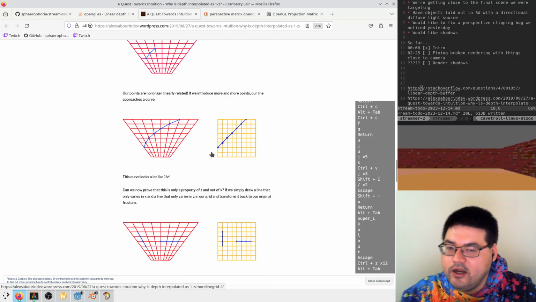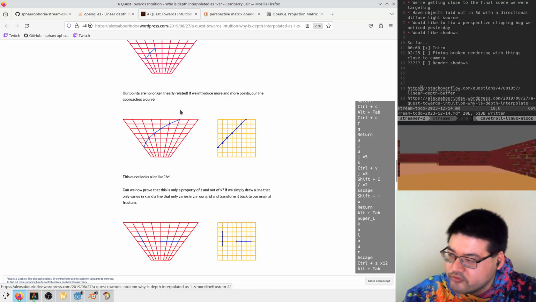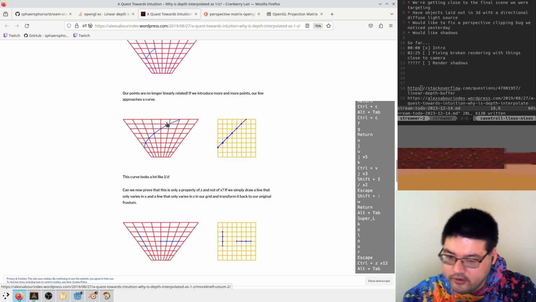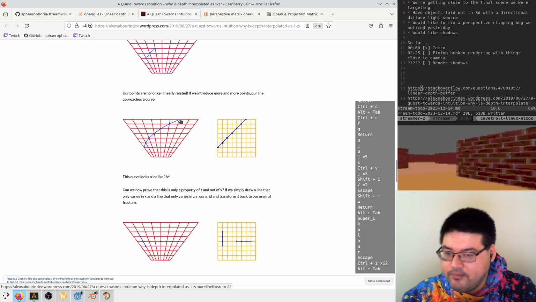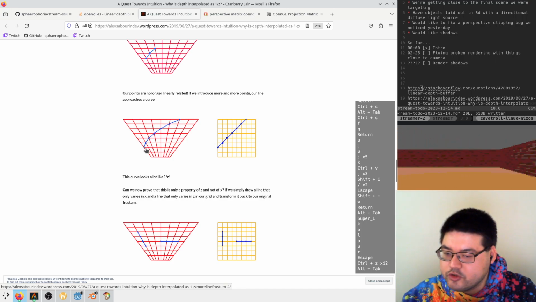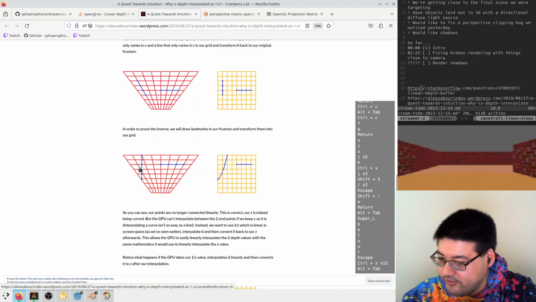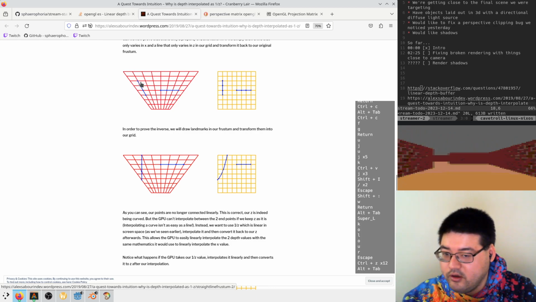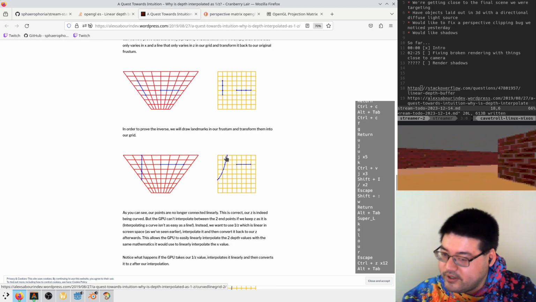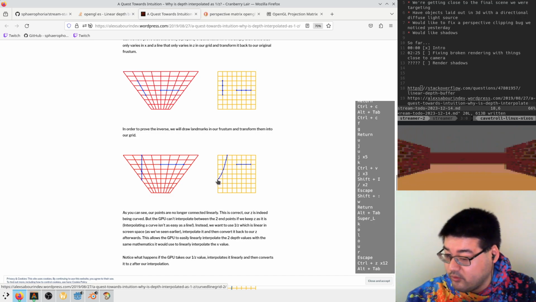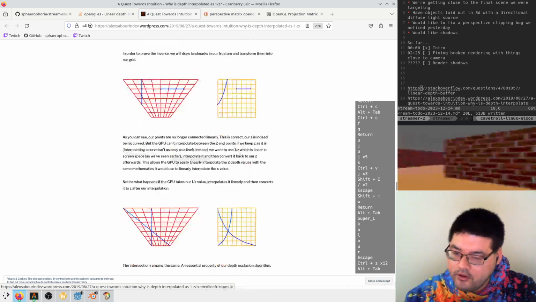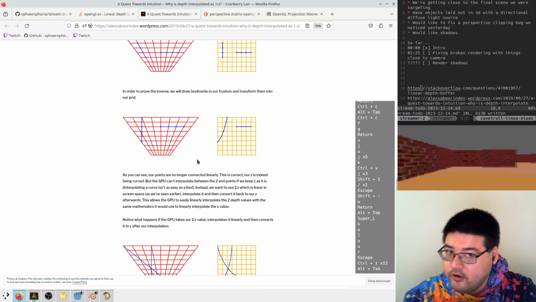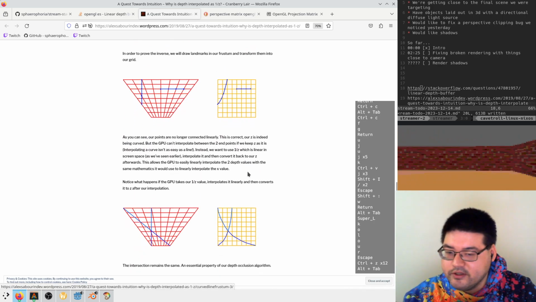A straight line in this yellow grid is a curved line on this perspective grid. Essentially, if we were to draw a straight line on this perspective grid, it would come out as a curved line on our warped grid. That's the clue that we need to account for that in some way.